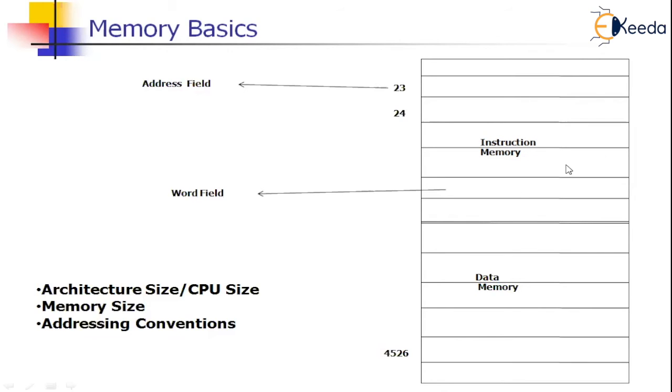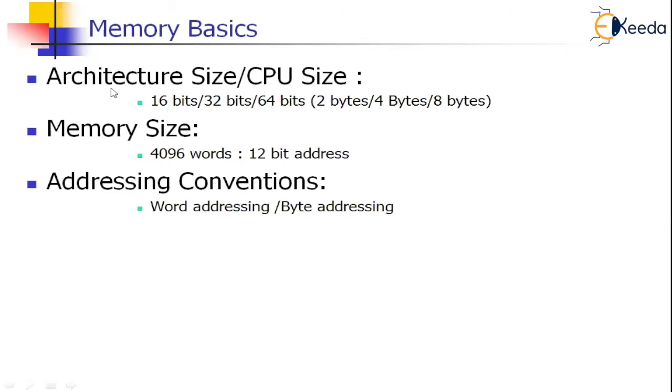The word size can be either 8 bits or 16 bits or 32 bits or 64 bits. That could be 1 byte, 2 bytes, 4 bytes or 8 bytes. So that is the size of the word, right? This size of the word is nothing but your architecture size.